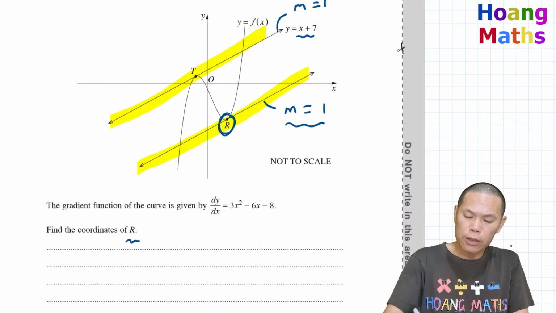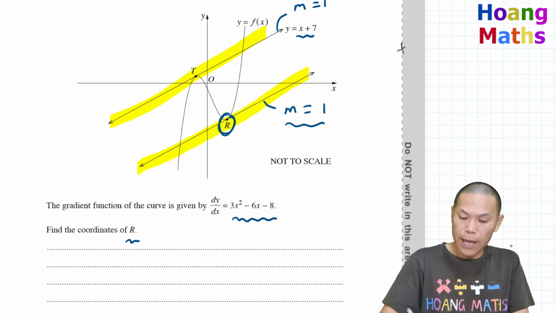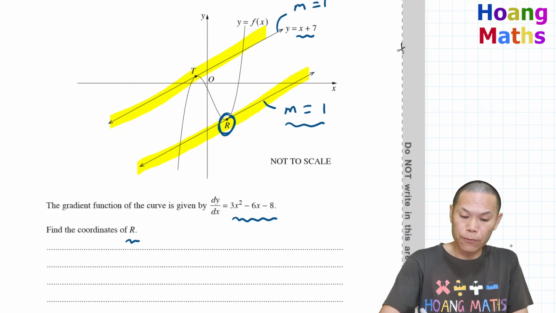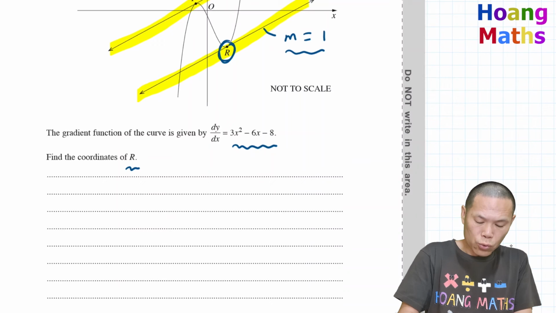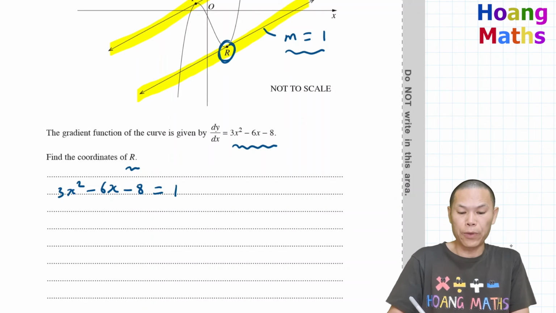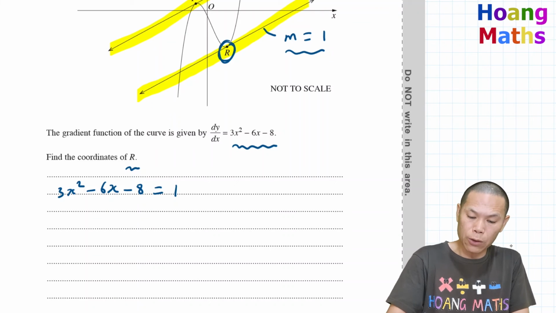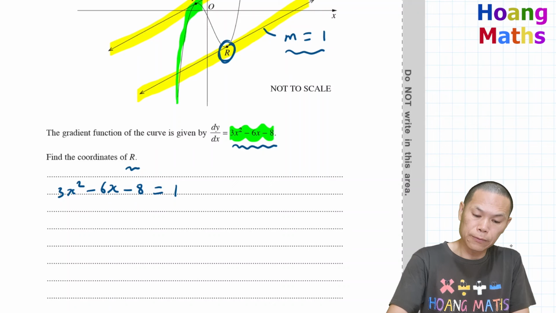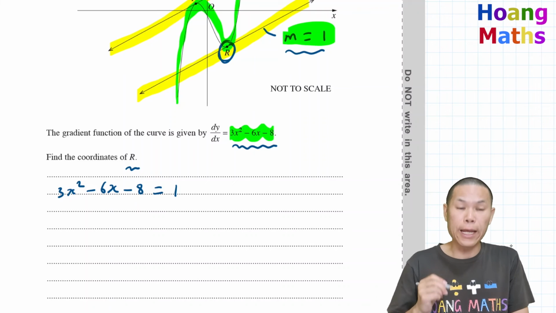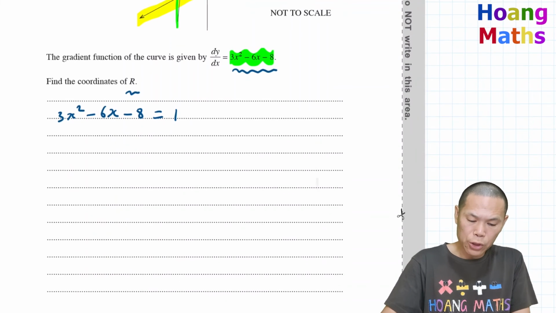So in other words, this has a gradient of 1 because R is a tangent of this curve y equals f of x. That means 3x squared minus 6x minus 8 is 1, because this is the gradient of this curve, which is equal to 1 at point R. Okay, it's a tangent. So now we just solve it.